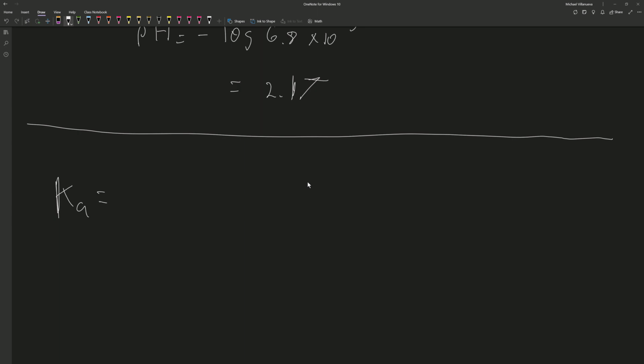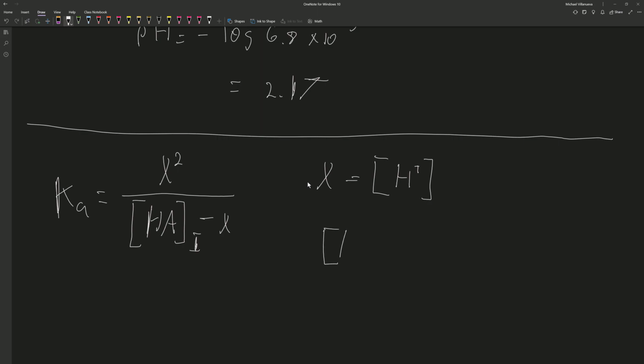Ka is equivalent to X squared over HA initial minus X, where X is equivalent to the H concentration, and HA equals the initial acid concentration.